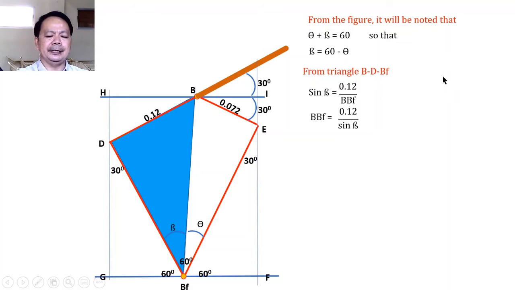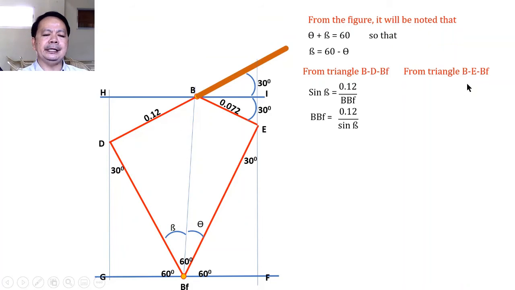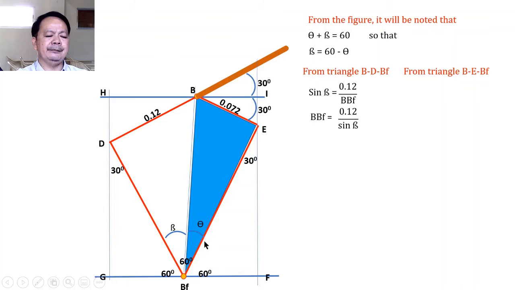Now, similarly, we can also see from triangle BEBF, this other side, this triangle here. In the triangle, we can also express the function that sine of theta is the ratio of the opposite, 0.072, over BBF.